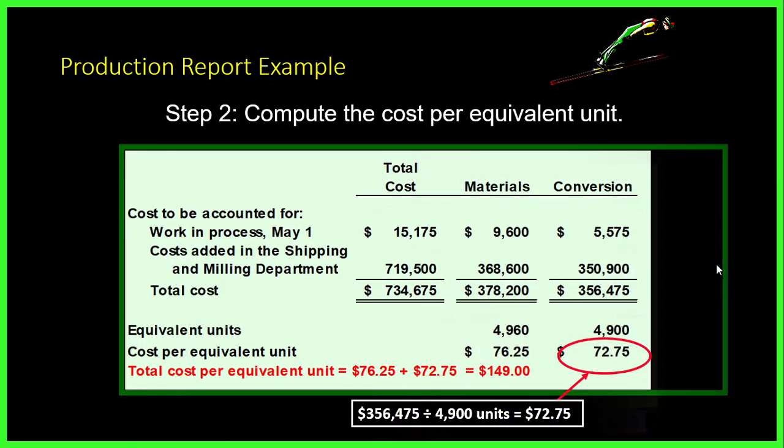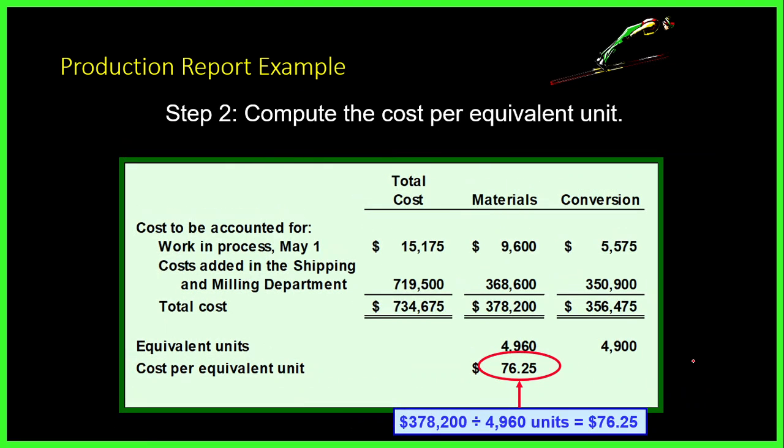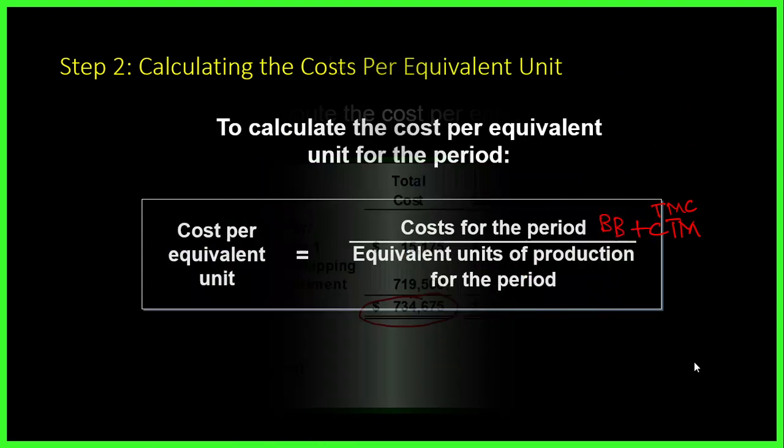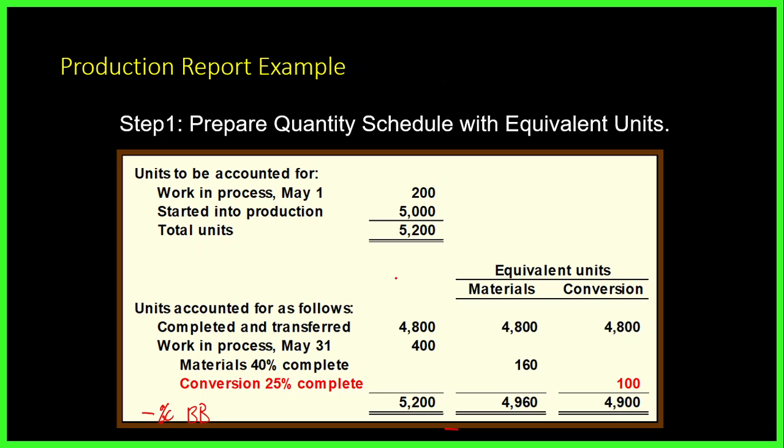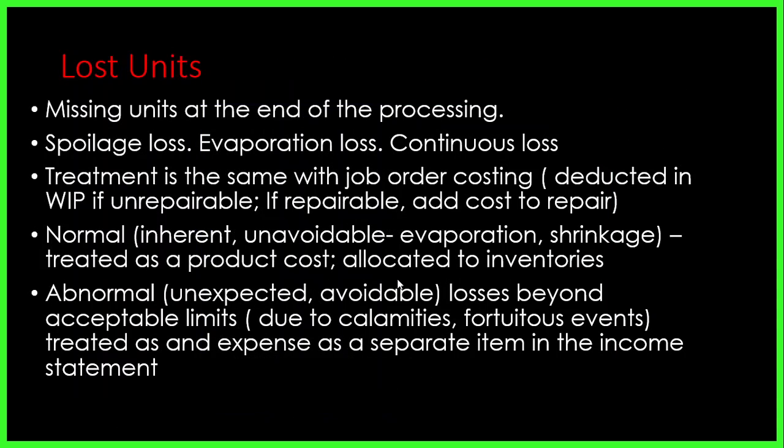Wait lang. Ayun, balik tayo. So, you have the cost for the beginning inventory, which is 15,150. This is already given. And your cost this month, this one is also given. If we go back to the previous slide. Okay, madali lang yan.